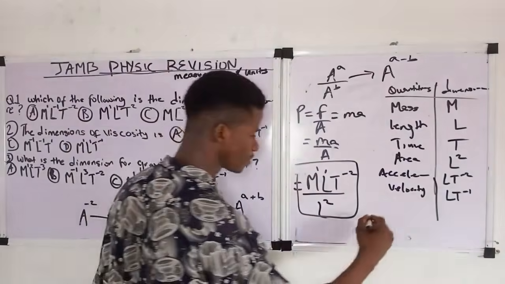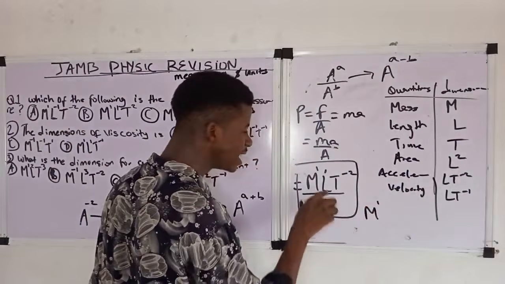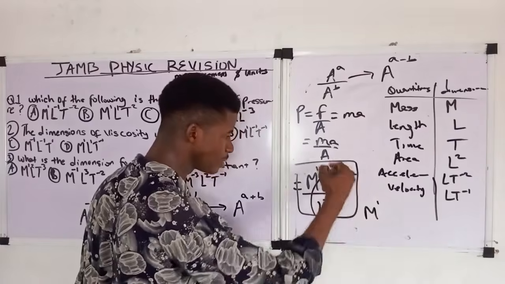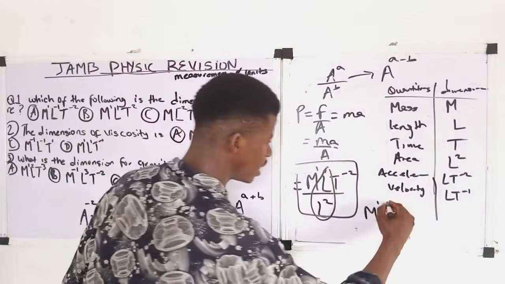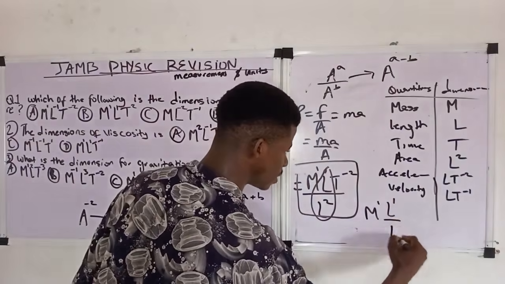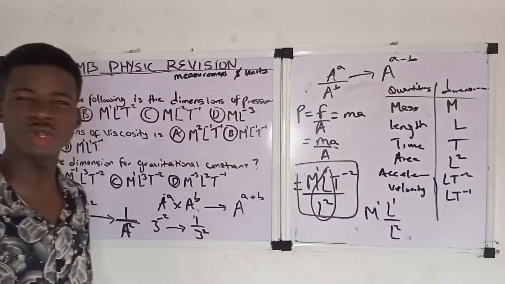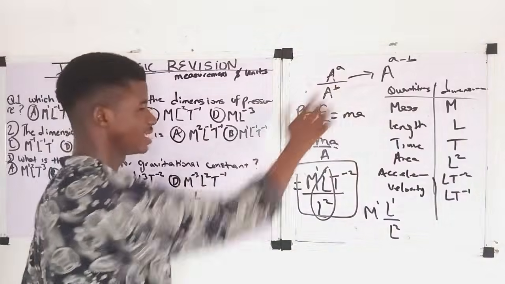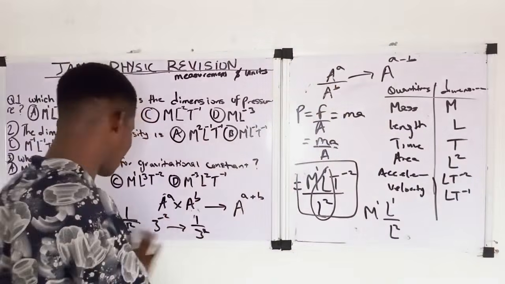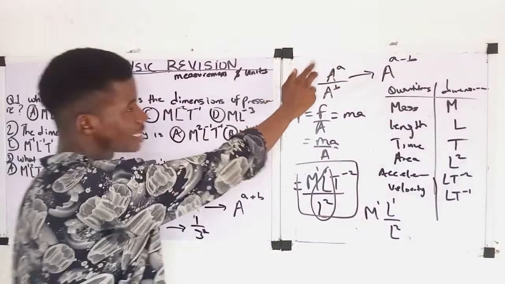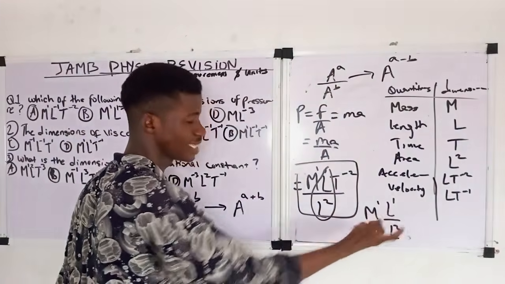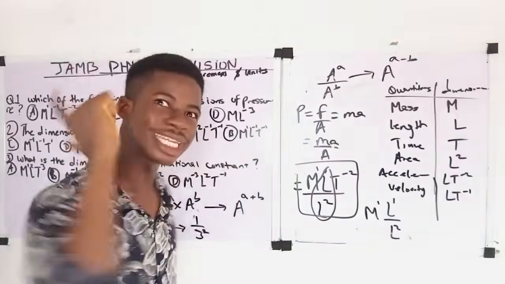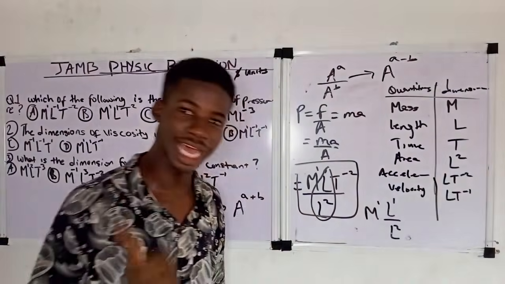Okay, so let's continue. M is to the power 1, right? Now if you look at this place and this place, you find that it is L1 dividing L2, right? Which law does this look like? It looks like this law, right? These two bases are the same, and they are dividing each other, right?